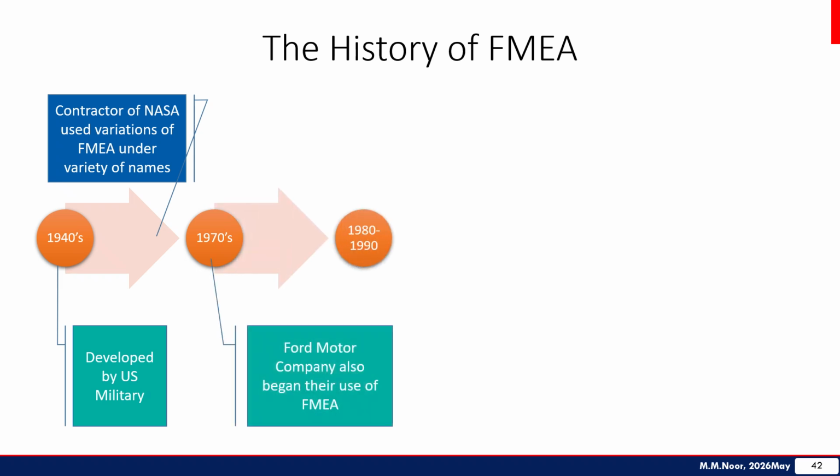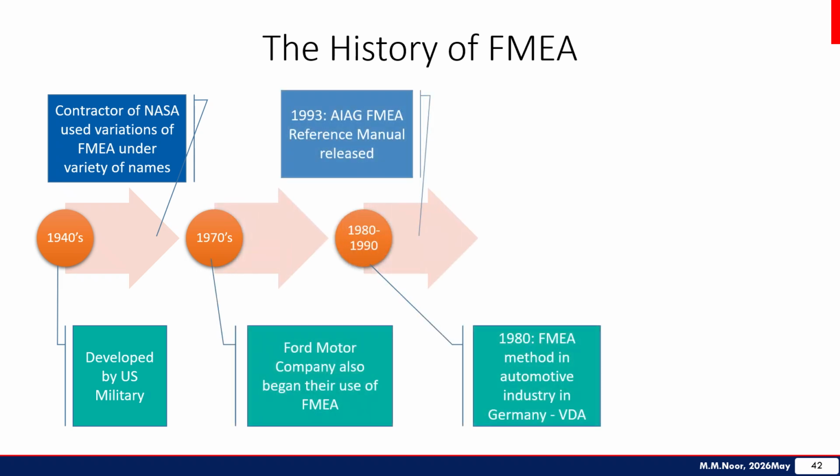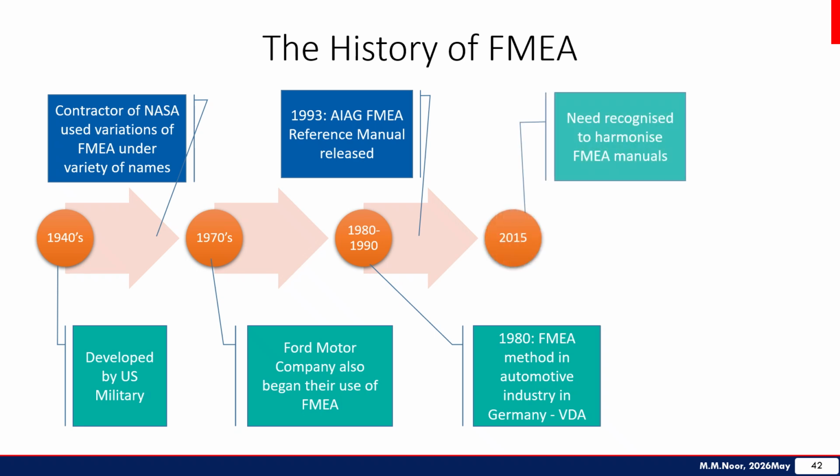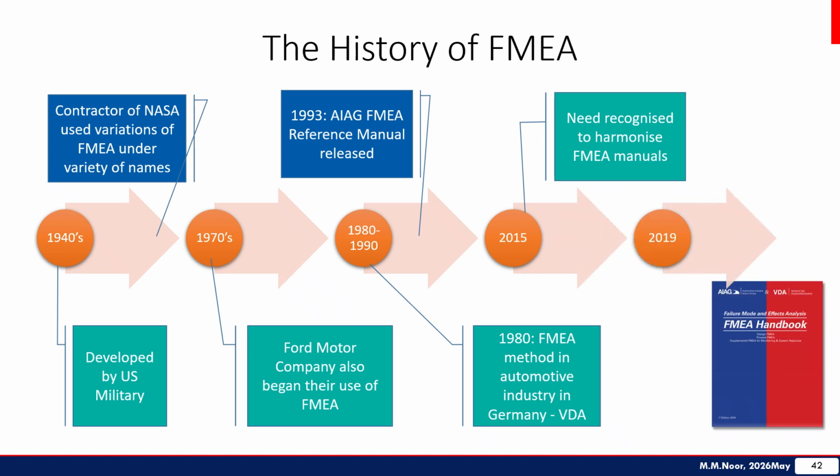Ford Motor used it, and later German companies and some other companies, and from year 2000 onward it was used by many industries, and lately in 2019 came out the FMEA handbook. We have a lot of other standard books given by others also. Okay, this is just an example.